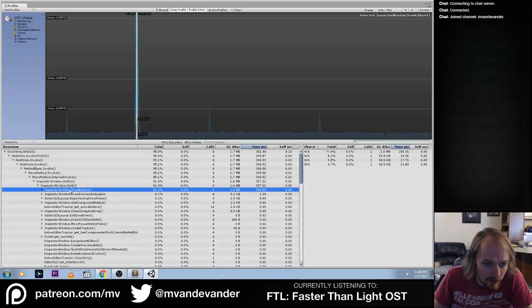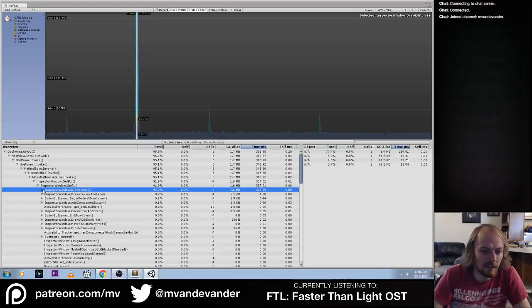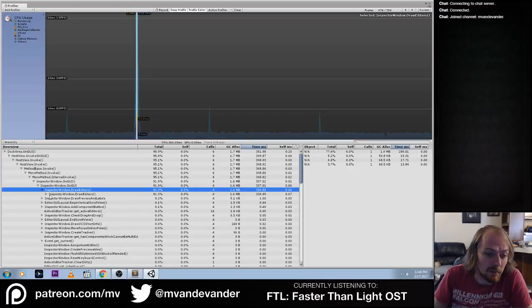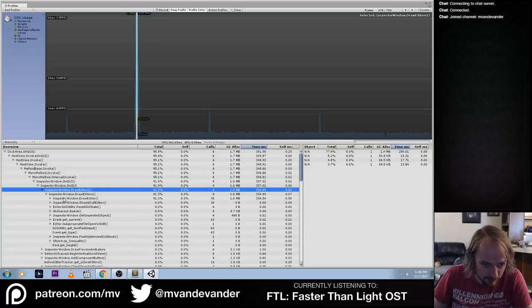Draw editors. I feel like this would be way easier to figure out if I wasn't doing it in the GUI and if I just assigned it to a key. But that would be somewhat difficult to do. Well, maybe not. It would be a little tricky.